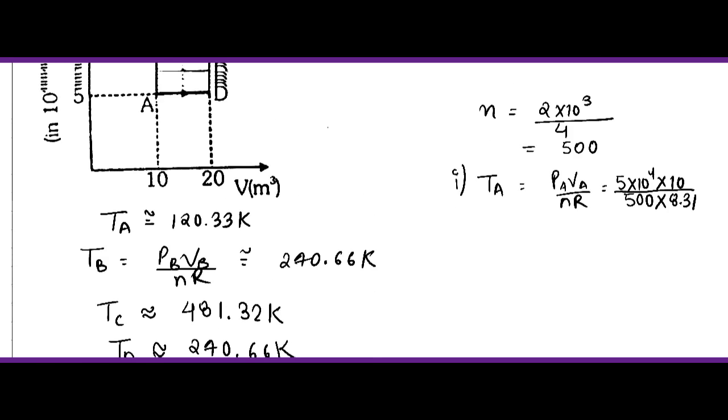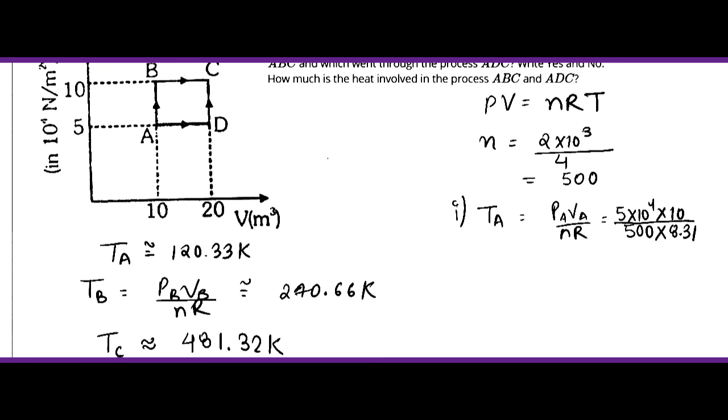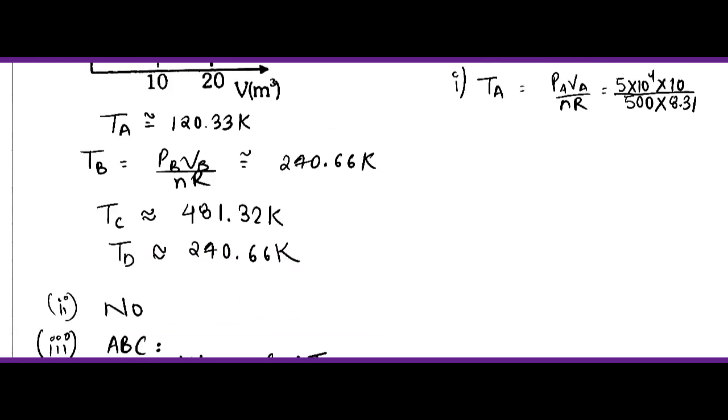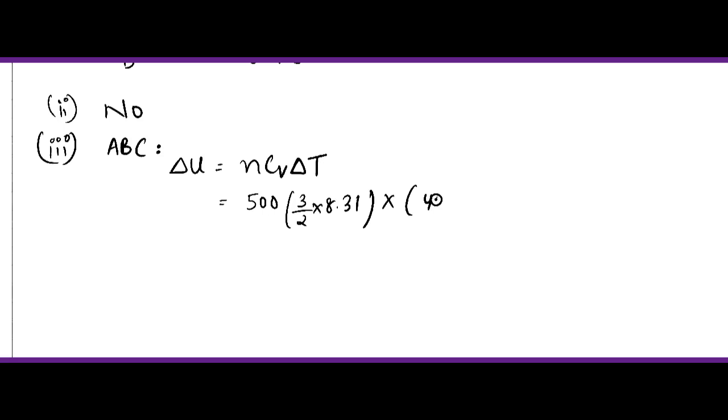Delta T in ABC is TC, that is 481.32, minus T at A, 120.33. So this would turn out to be equal to 2.25 into 10 to power 6 joules.